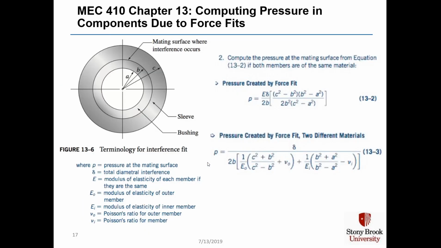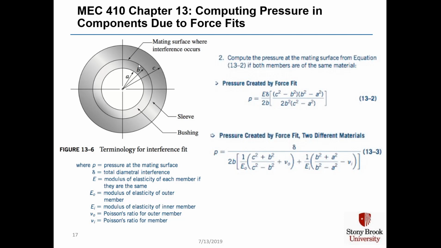We can compute pressures in components due to force fits. Figure 13-6 shows a bushing of inner radius A and outer radius B, and a sleeve of inner radius B and outer radius C, and the interference occurs at this mating surface between the sleeve and the bushing.